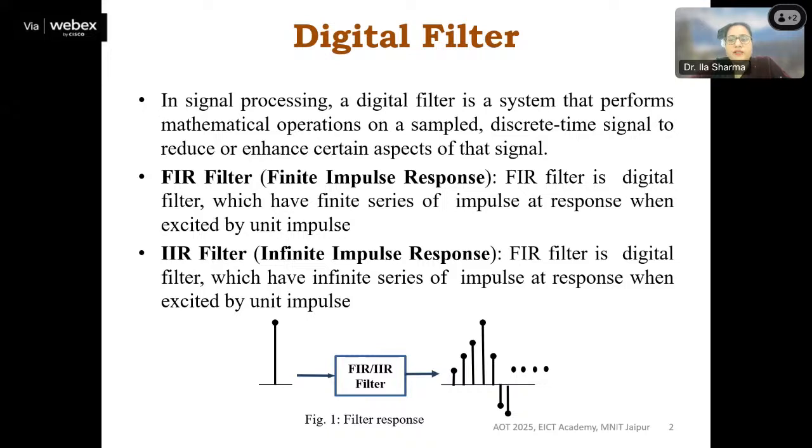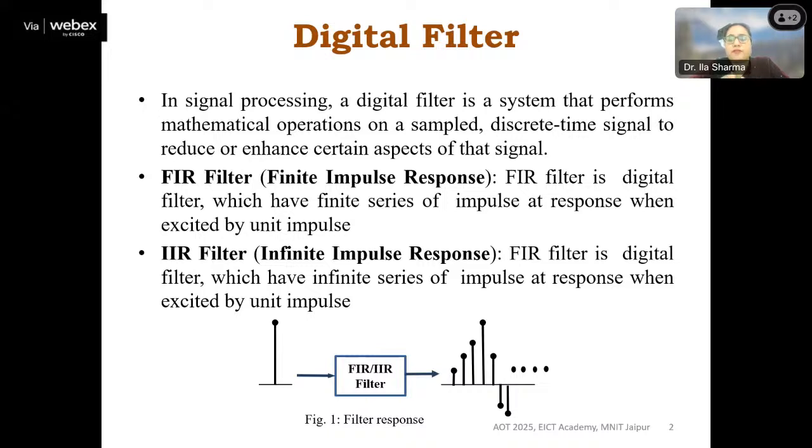So first of all, what is a filter? In signal processing, a filter is a system that performs mathematical operations on a sampled discrete-time signal to reduce or enhance certain aspects of the signal. So this is one definition. But whenever we ask about a filter, a simple thought comes to our mind: a filter is a thing that is useful for altering some part of the frequencies and passing some parts of the frequencies.